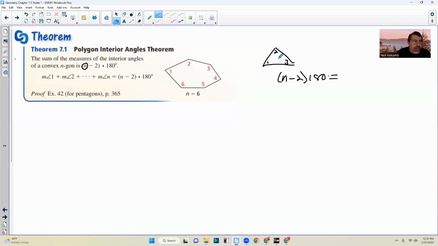Well, how many sides or how many angles are there in a triangle? Well, there's 3. So you put 3 in for n, and you get 3 minus 2 times 180, which is 1 times 180, which is 180 degrees.